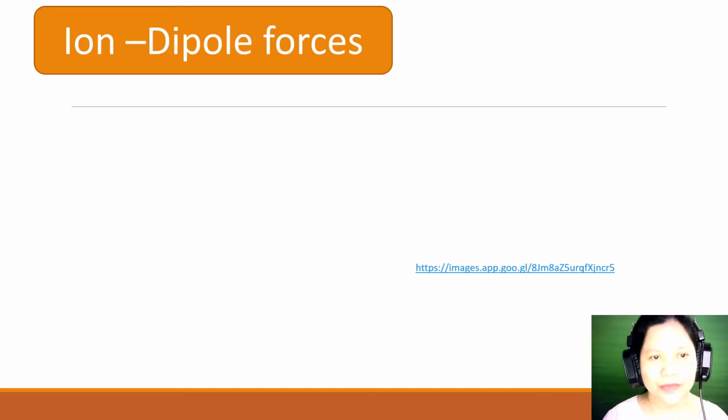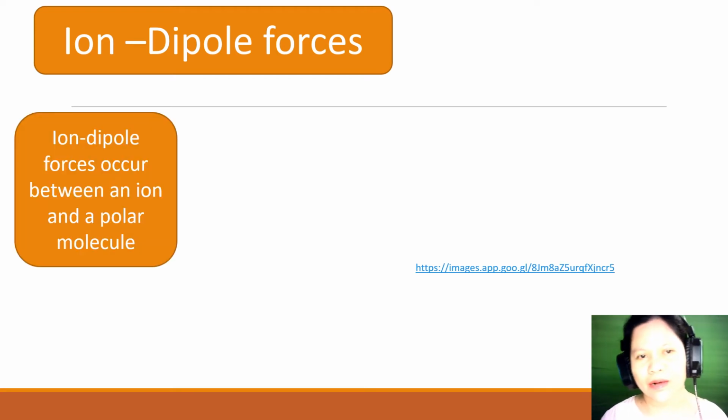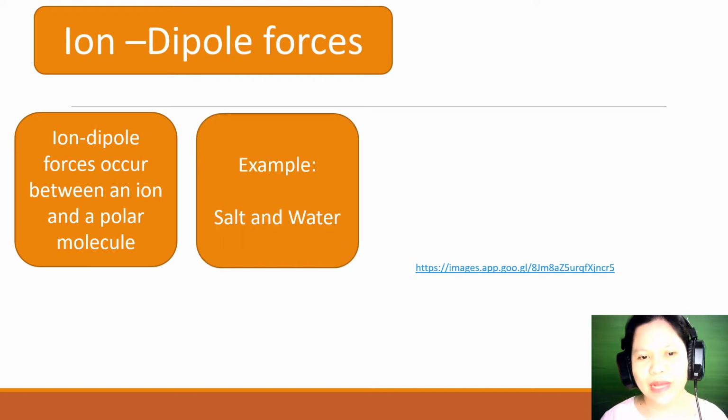Okay, let's talk about the first one, the ion-dipole forces. This force of attraction occurs between an ion and a polar molecule. When I say ion, we are talking about charged particles, charged ions and molecules. So for example, we have salt and water.